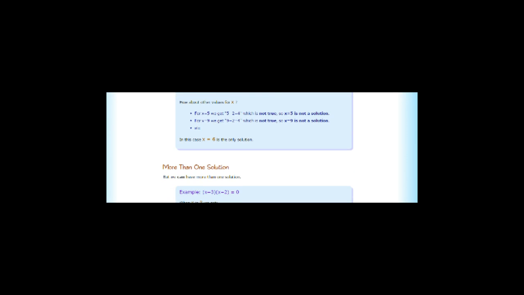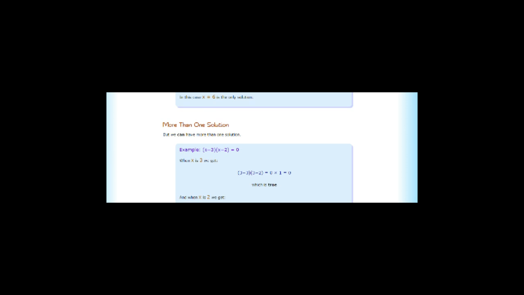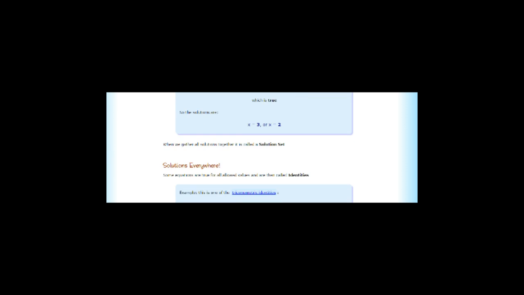How about other values for x? If we use 5, we would get a different number, 5 minus 2, which is not equal to 4, so it's not a solution. If we use 9, it would not be a solution. In this case, the only solution is x is equal to 6. Sometimes there can be more than one solution. We'll look at those at later stages.